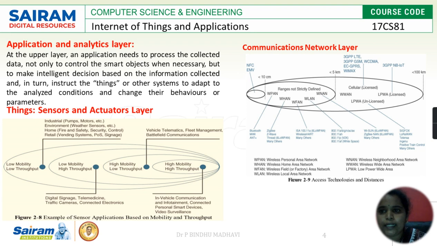So the application and analytics layer plays a vital important role, as I mentioned. We know that it is the topmost layer and the data collected from the smart objects will be processed here. And when it is going to process, it has to take its own decision, to analyze the condition of that particular application, that particular environment. Accordingly, the behavioral parameters will keep on changing, right?